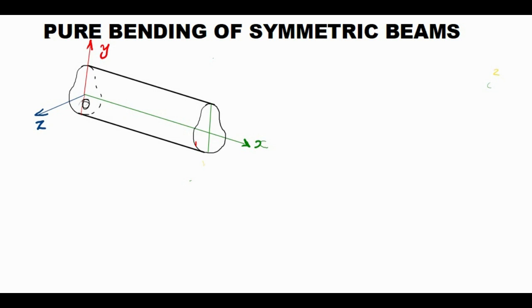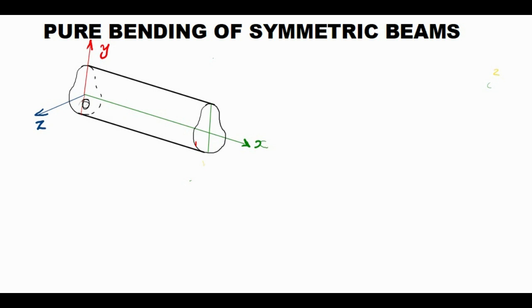The y axis is the axis of symmetry, and the x axis is parallel to the length, the longitudinal axis. We will discuss the position of this origin later. Just know that the y axis is the axis of symmetry, the x axis is in the direction of the length, and the z axis is perpendicular to both x and y axes.